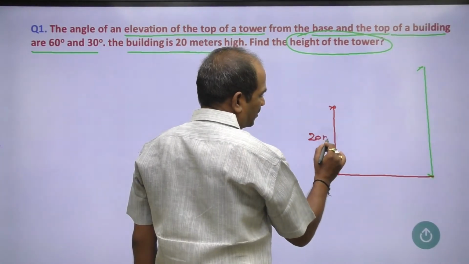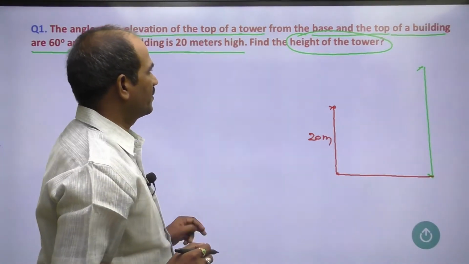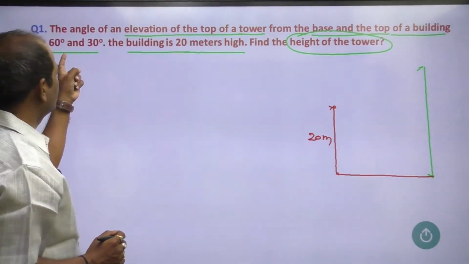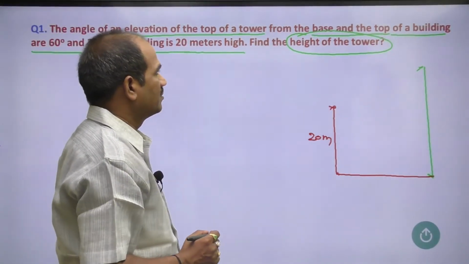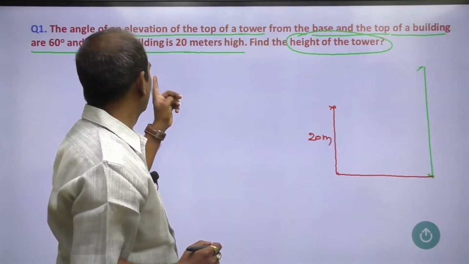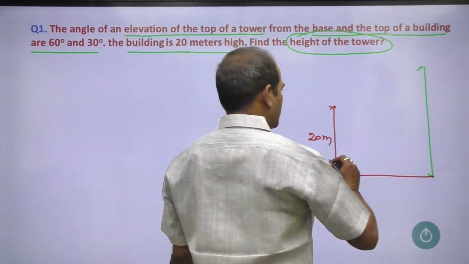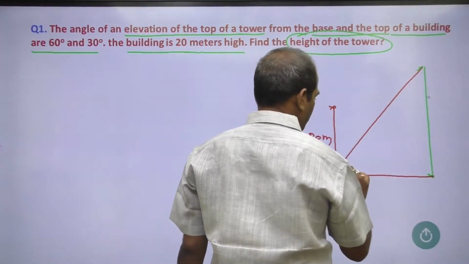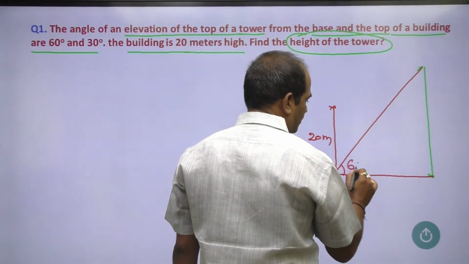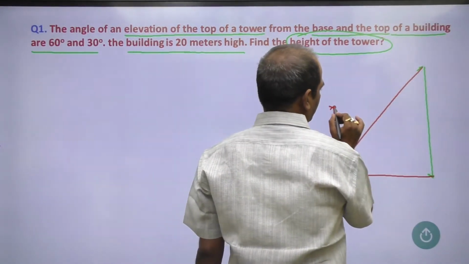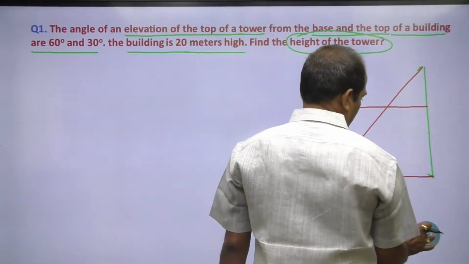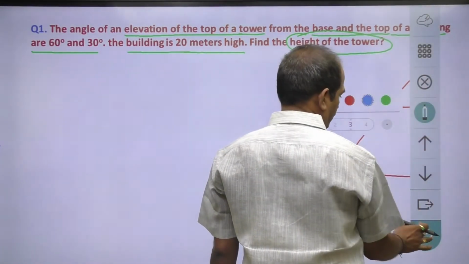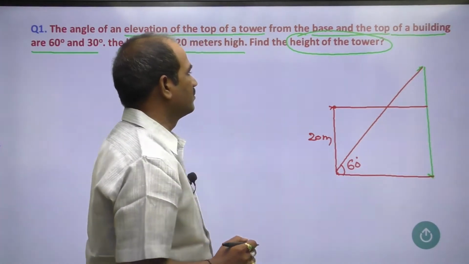See here first, the angles from the base and top of the building are 60 and 30 degrees. First the base, next the top.